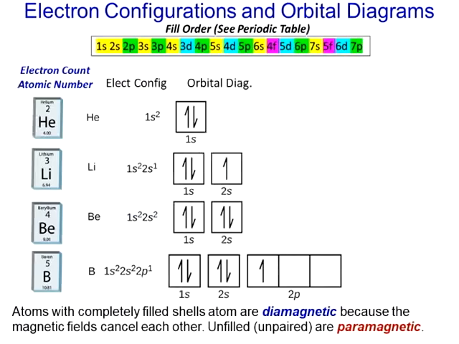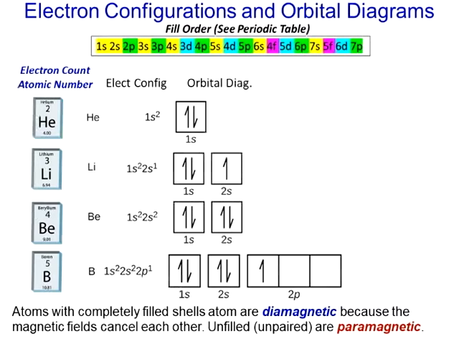So let's use some examples to reinforce what we know. And we're going to do this by showing you the electronic configuration, or the electron configuration, and the orbital diagram. Here we go. Let's take helium. If we look at the periodic table, we see helium with a 2.